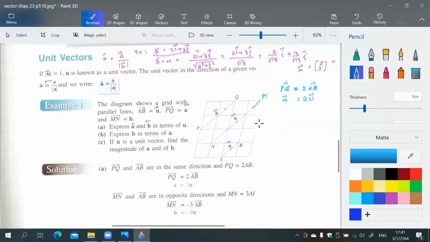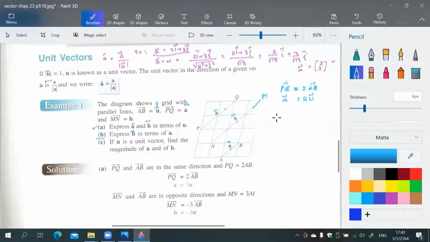So now we got the first answer. We finish question A. Now go to question B. Express vector B in terms of A. From this one we can see A, B, U here. Vector MN goes in the opposite direction to vector AB and PQ.